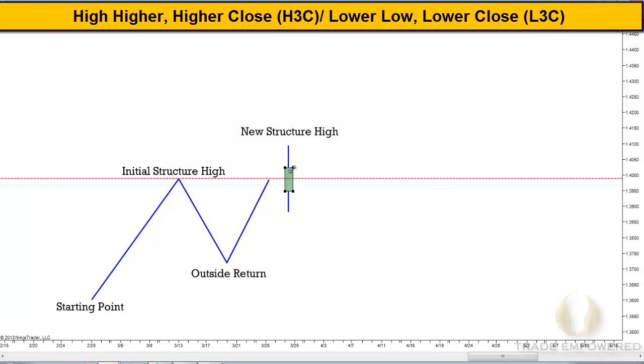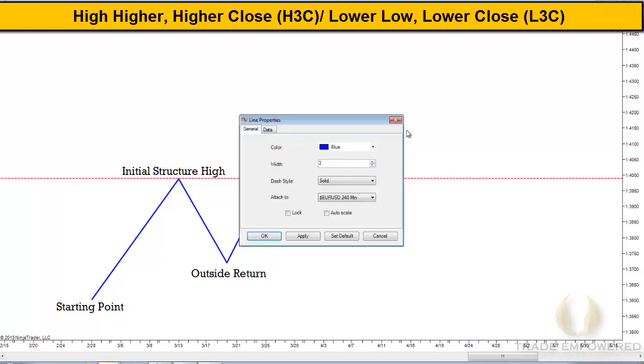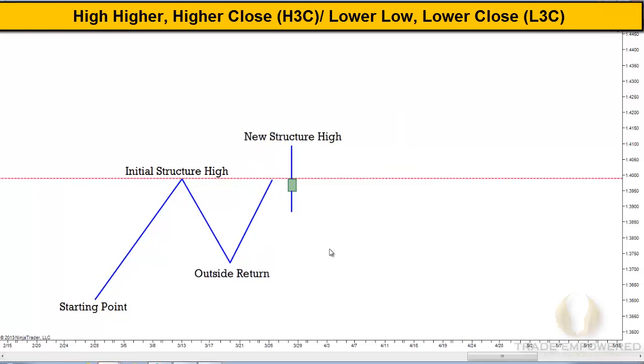And again, if our candle creates a higher high and a higher close than the candle right here, then we have another valid new structure high. However, if the candle closes below this level, then we can't yet say that we're in a bullish trend.